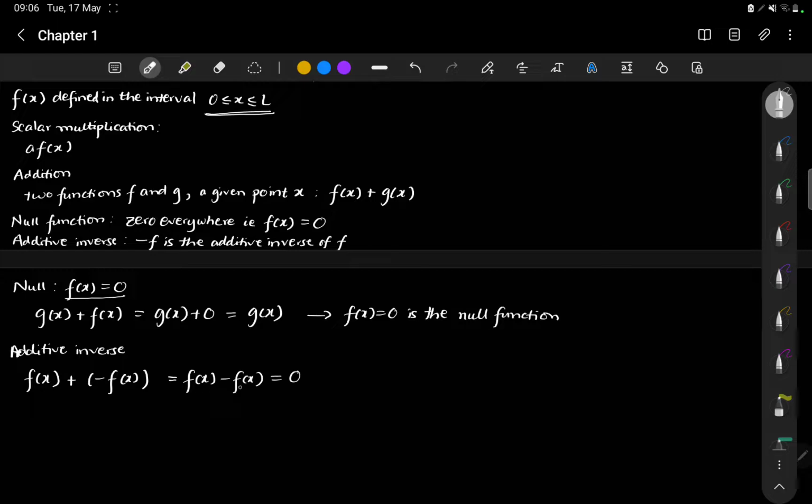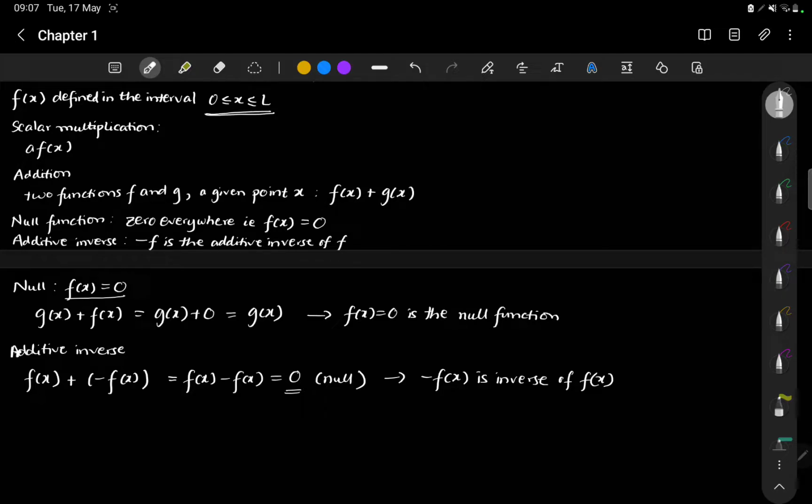So adding these two would give us 0. And 0 is what? This is the null function. So this implies that minus f(x) is indeed the inverse of f of x. And again, from the uniqueness of inverse, we know that if we have found one inverse, then that indeed is the unique inverse for that particular vector.